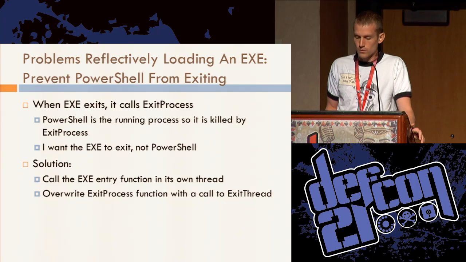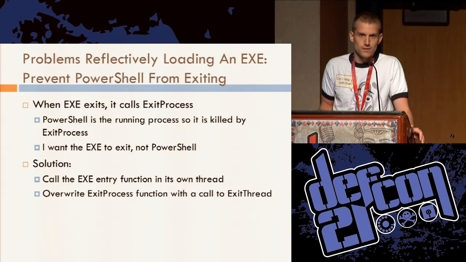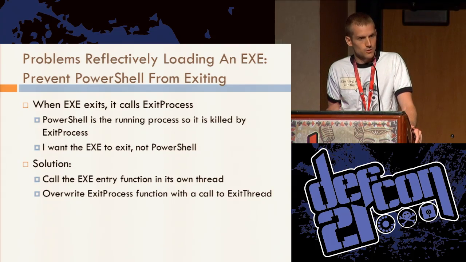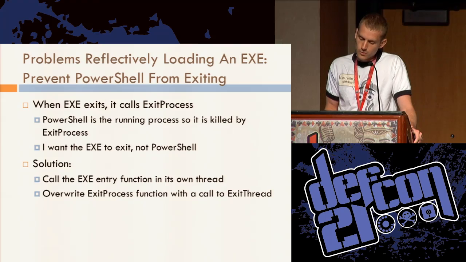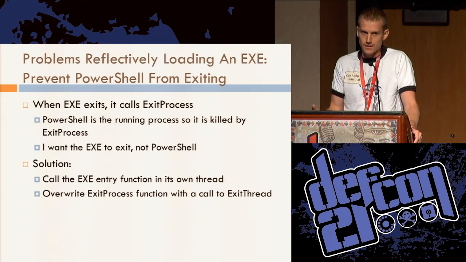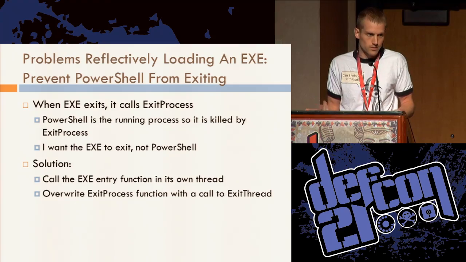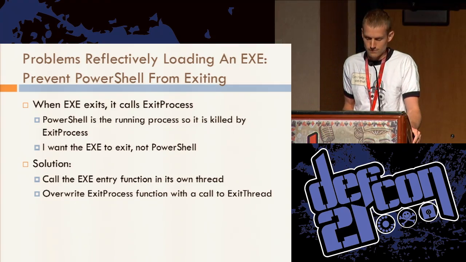So reflectively loading an exe is a little more tricky, because normally when an exe is loaded, it's loaded using create process, and a new process is created specifically for that exe. But what we're doing is loading an exe inside of a process that already exists, with PowerShell.exe running inside of it.